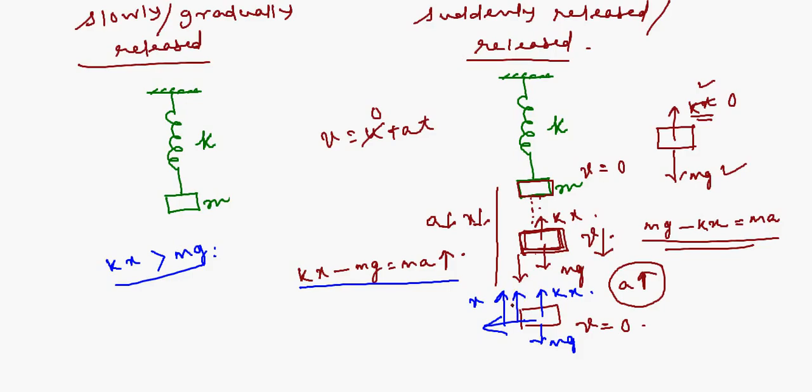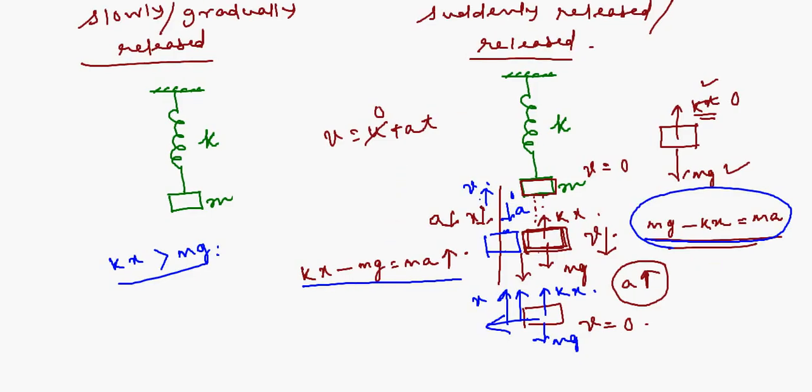Acceleration is up to this point, and then from here to here, the acceleration will be downwards and velocity will be upwards following this. This means the block executes simple harmonic motion.